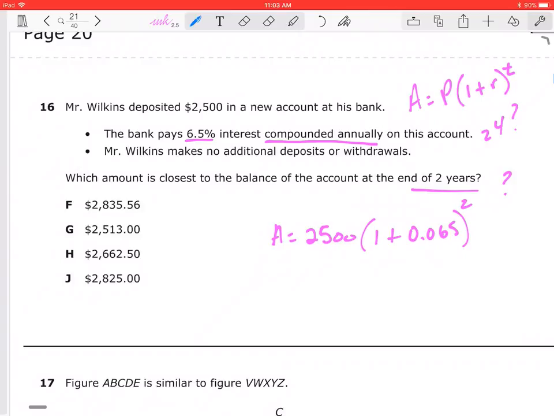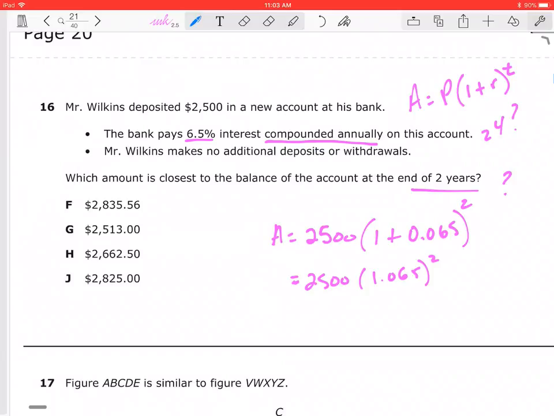So 1 plus 0.065 gives us 1.065. So 2,500 times 1.065 to the power of 2.